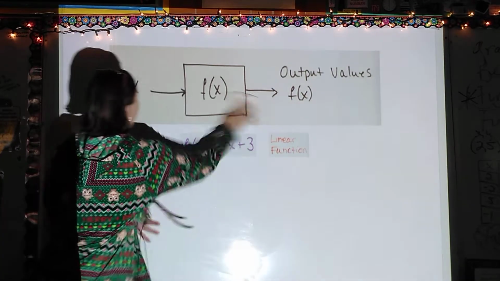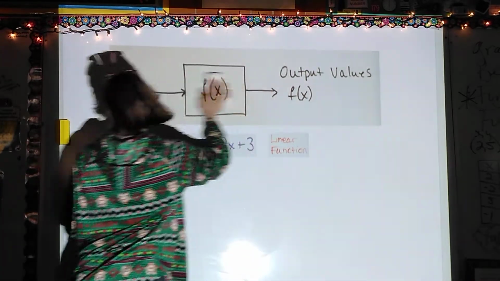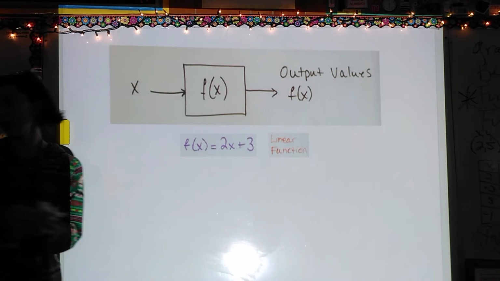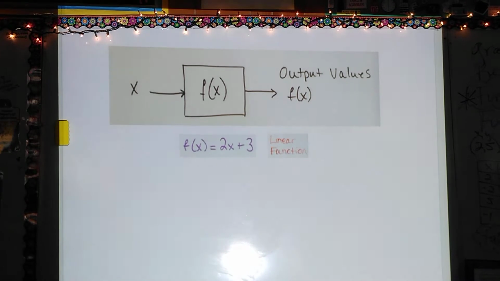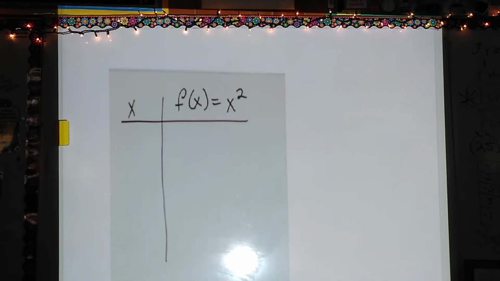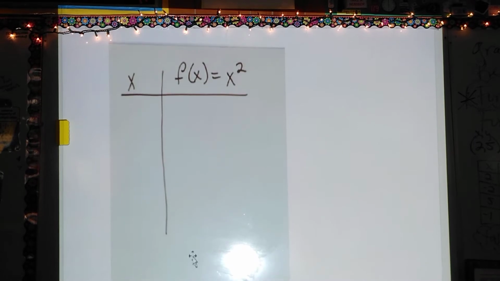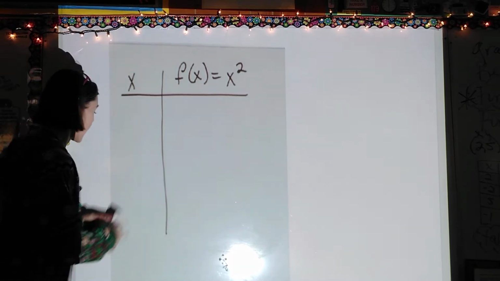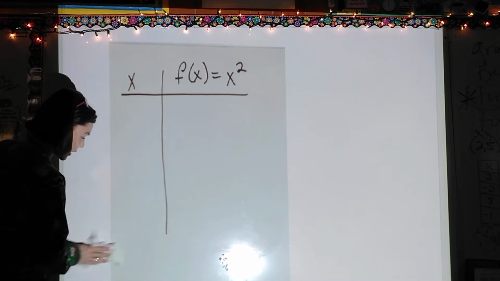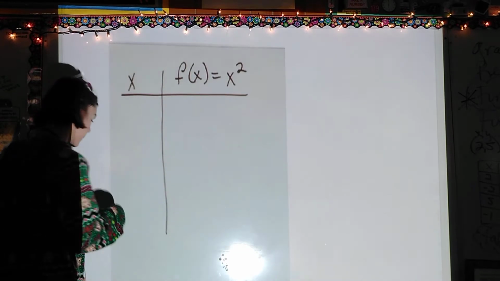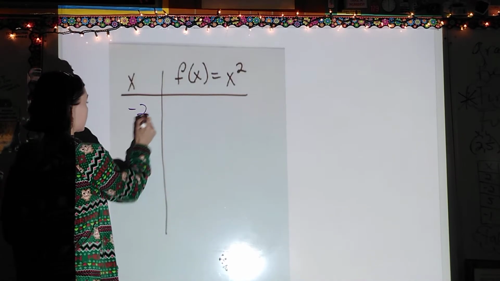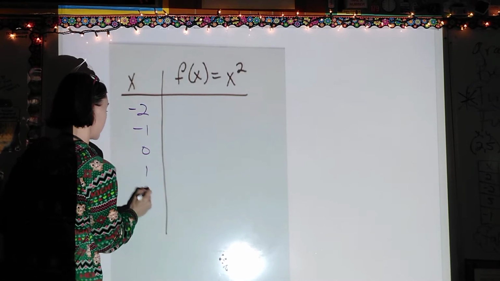Okay, so now what if we had a square, a quadratic? Everybody go ahead and write this in your notes. Let's do a different function together. We're going to use the same x values, so let's use -2, -1, 0, 1, and 2.